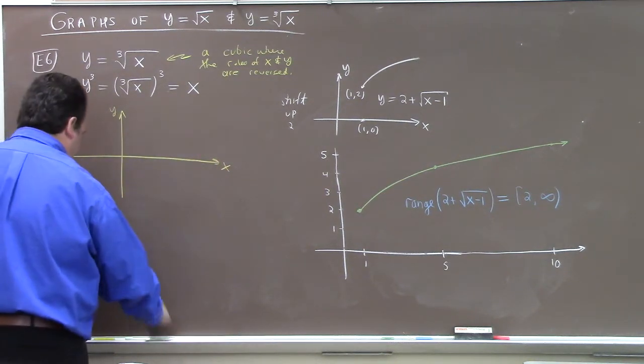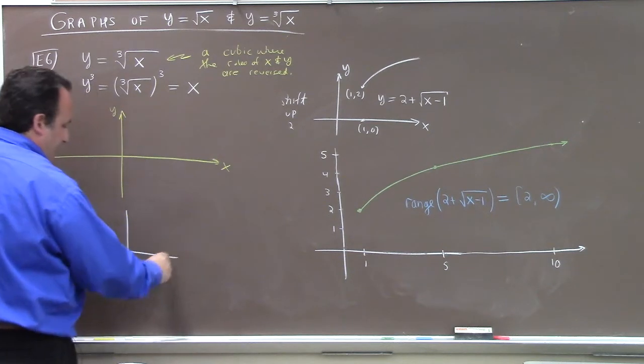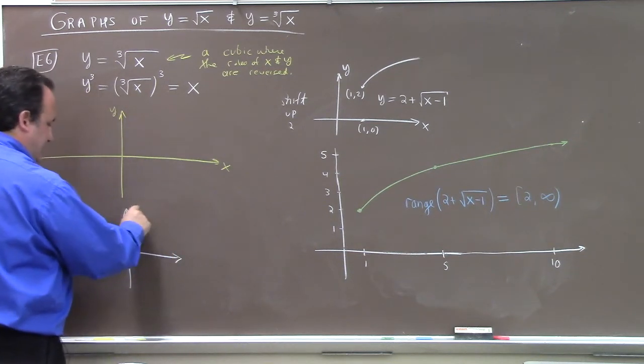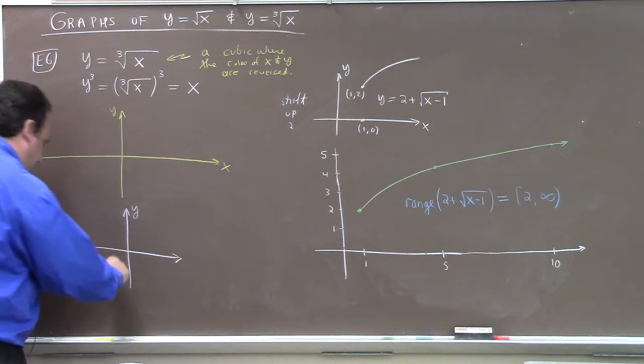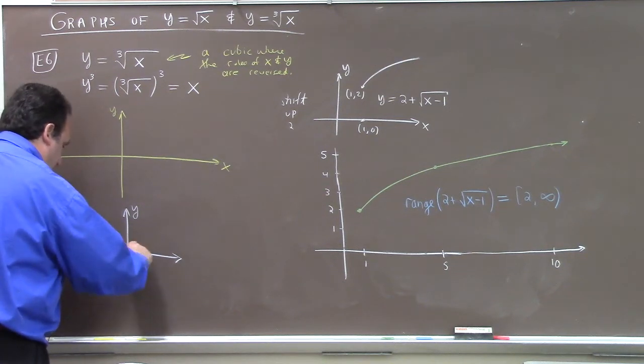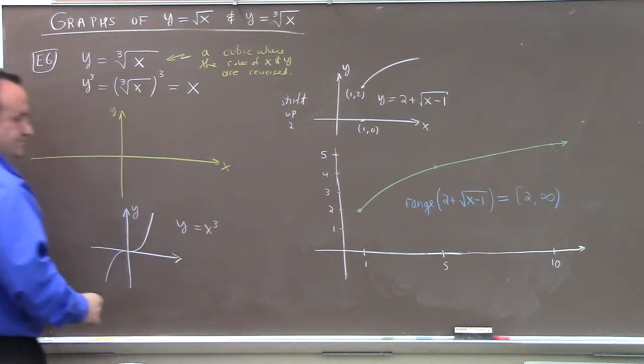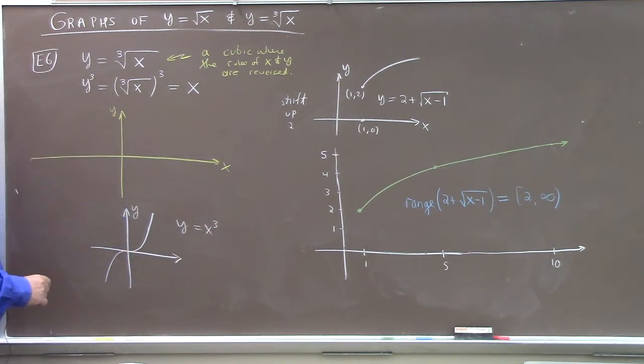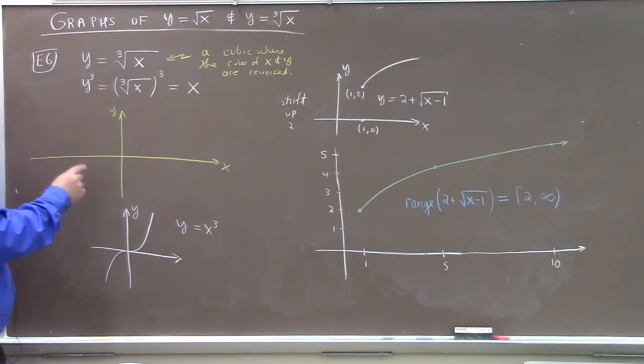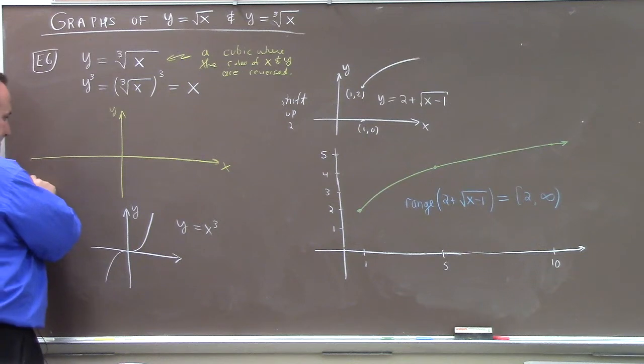So if we just had y and x and we draw y equals x cubed, it looks like this, right? So if I'm interchanging the roles, I just do like this.